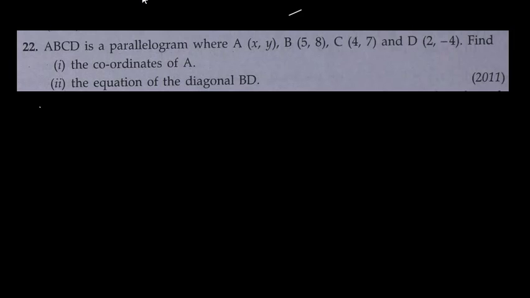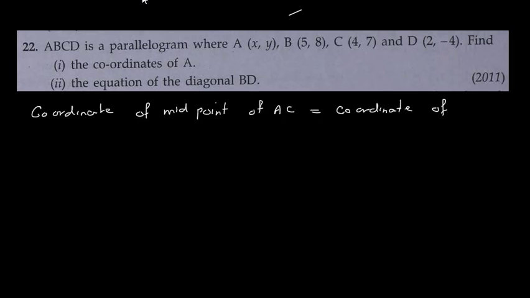So in case of parallelogram, the coordinate of midpoint of AC will be equal to the coordinate of midpoint of diagonal BD. So the coordinates of the midpoints of AC and BD are going to be the same. So their midpoints are going to be equal.